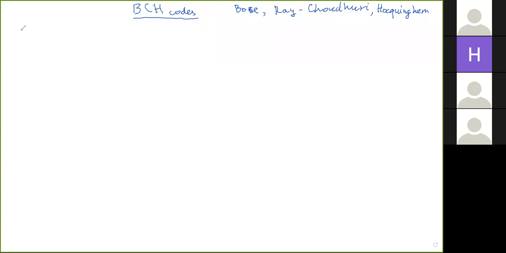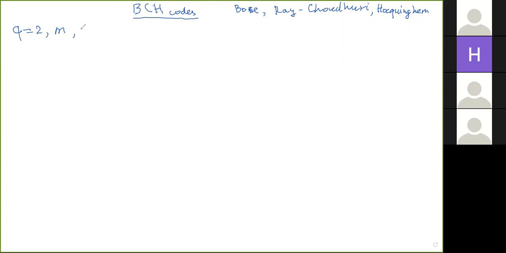So the parameters: the alphabet is binary. Actually, there are codes also for non-binary alphabets, but for simplicity, we'll consider the binary alphabet. And this is the first parameter. The second parameter, call it m, is a natural number.